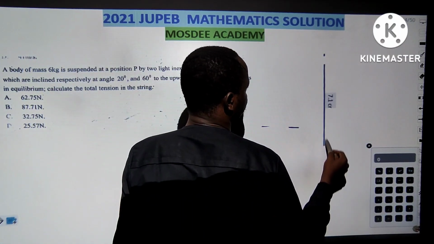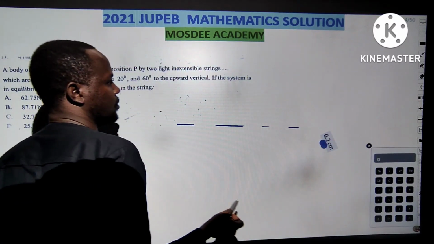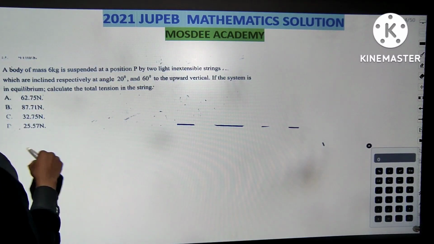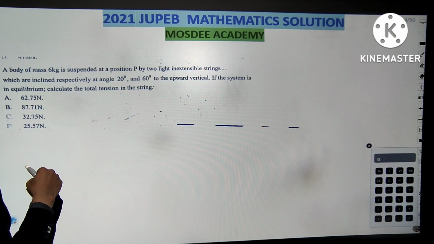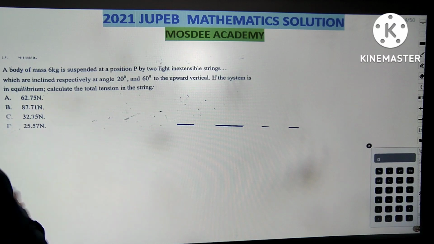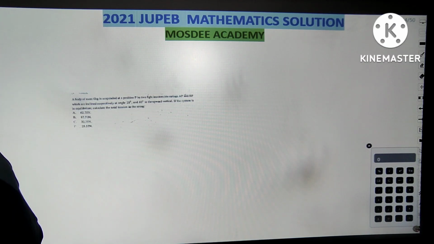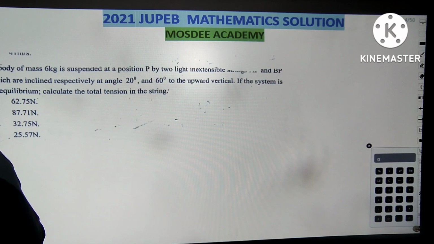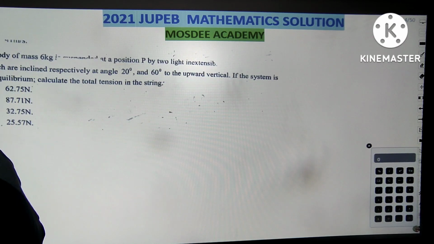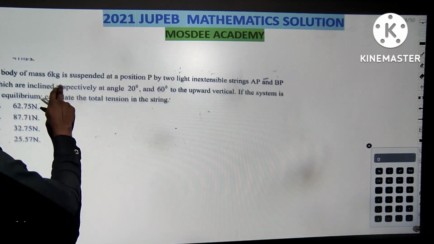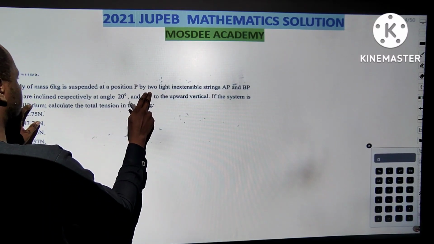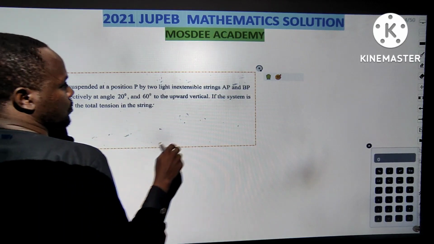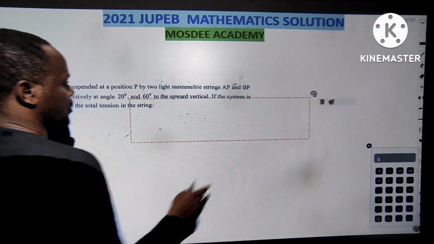Now we need to copy this question also. We'll leave this question, because what I'm writing is not displaying. It shouldn't be like that. Wow. So maybe we just leave it here.